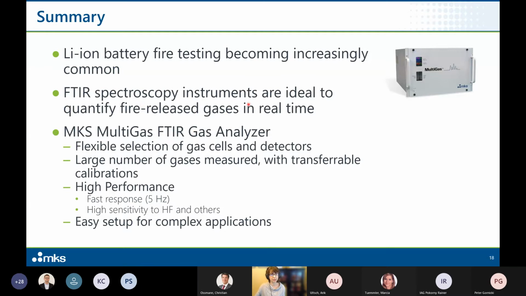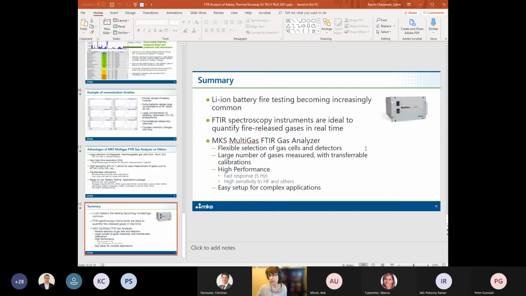FTIR spectroscopy instruments are ideal to measure the releases from fires, and the MultiGas is well positioned to address that market because of all its features. So this is what I have for today.